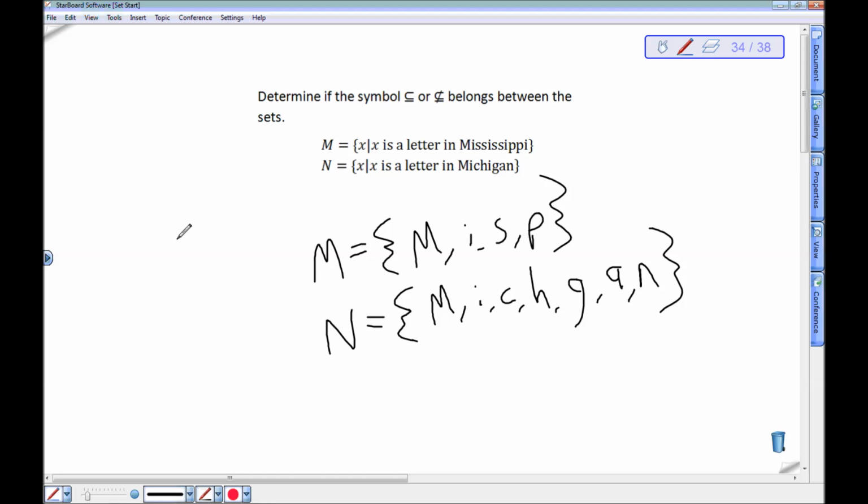Well, when I look, M is in there, I is in there, but when I go looking for S, I don't find it. That means that not everything in M is in N, and that means that M is not a subset of N, because there's something in M that is not in N.